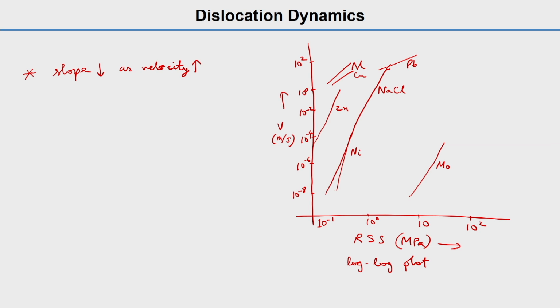So this is the trend, and then we can draw a hypothetical plot of applied stress versus dislocation velocity.